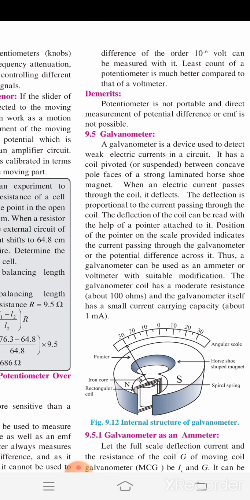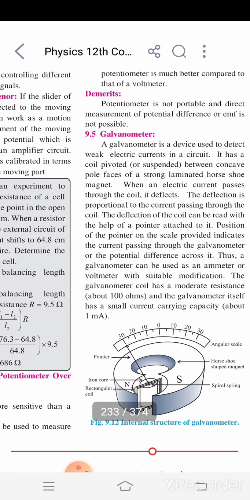The second demerit of the potentiometer is that it is a non-direct instrument, means direct measurement of potential difference or EMF is not possible, which is possible only with a voltmeter. A voltmeter directly measures the potential difference, while a potentiometer does not. These are the demerits of the potentiometer.